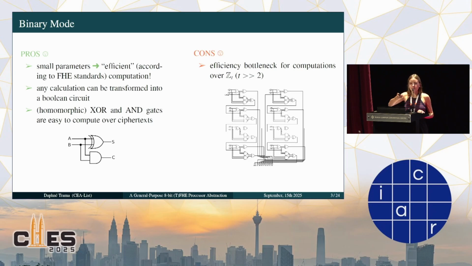For instance, I've put here the Boolean circuit corresponding to the addition of two 8-bit messages. You can see that it will take significantly longer to evaluate this Boolean circuit in the homomorphic domain than just evaluating 8 times the addition of 2 bits. And this is only to perform a mere addition.